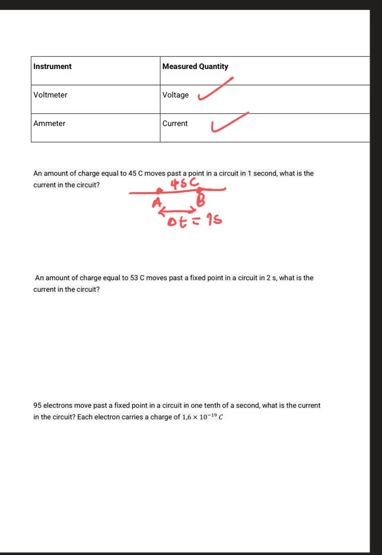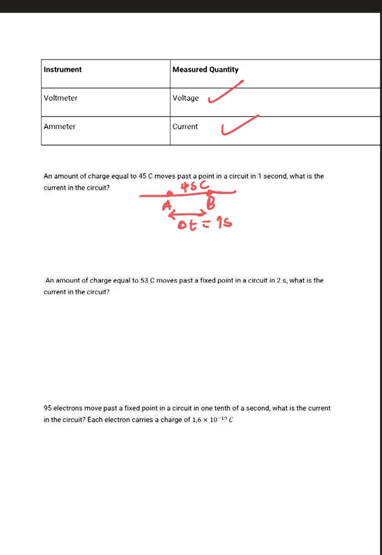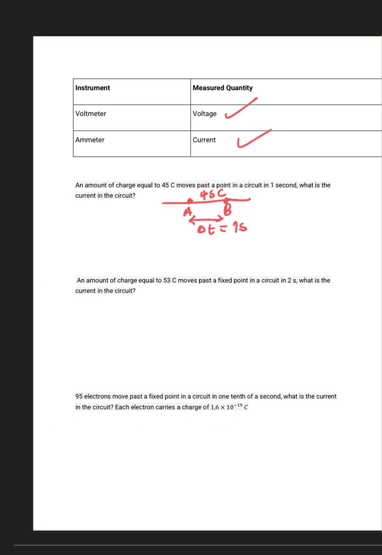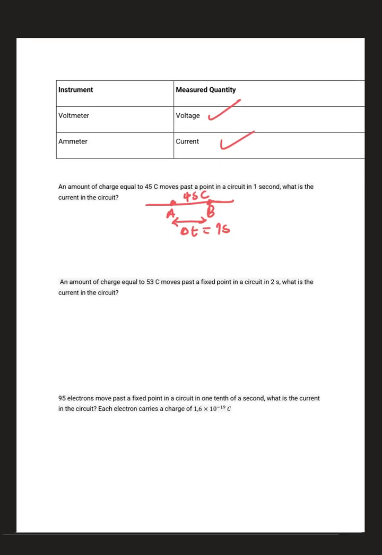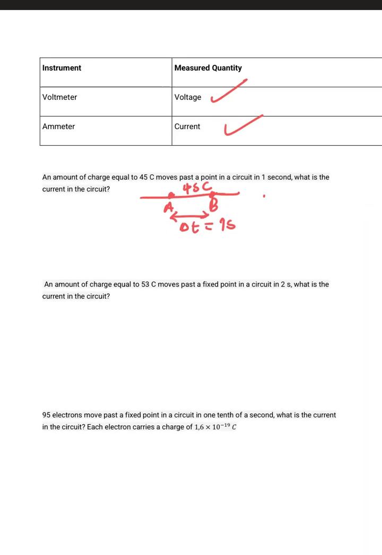To find the current, I equals Q over delta t, and when you do the calculation, we find 45 amperes.